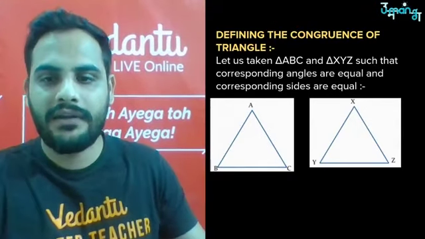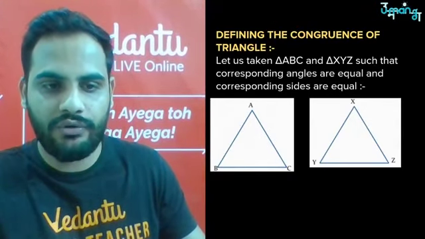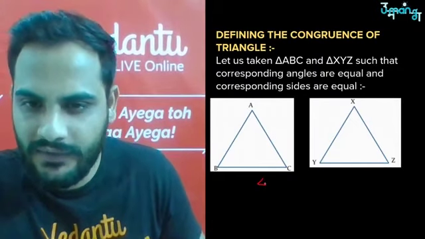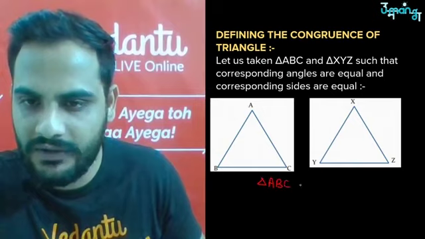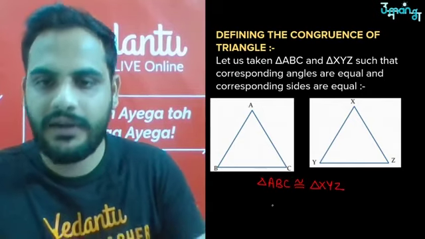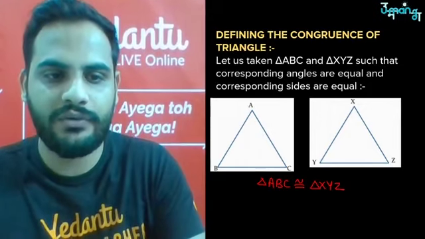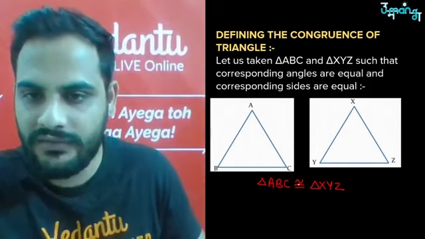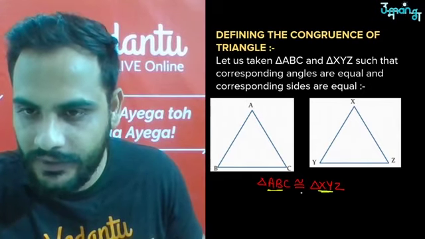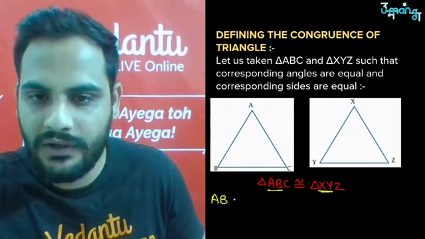Then let's talk about how you get to know the corresponding sides. Suppose triangle ABC is congruent to triangle XYZ. In that case, you get the corresponding sides by joining two points. The first two points, AB and XY, so AB is equal to XY.